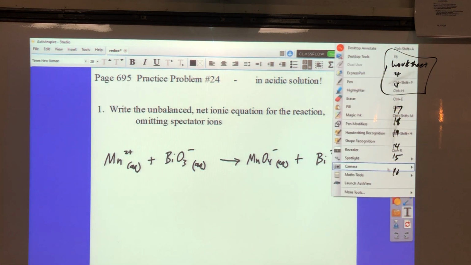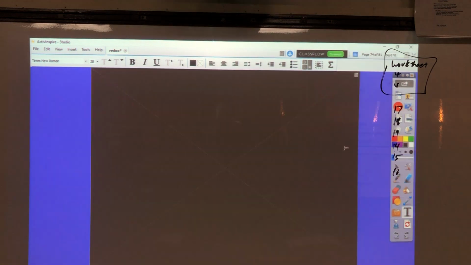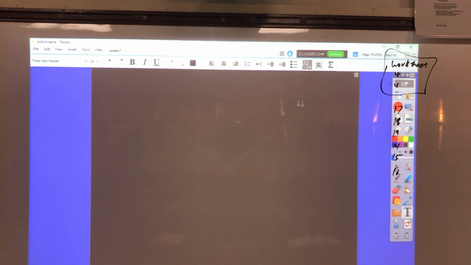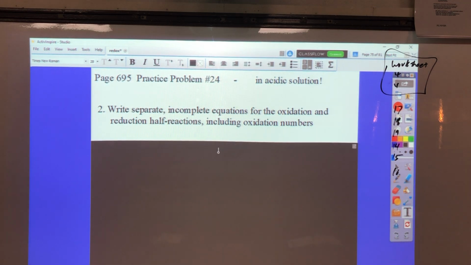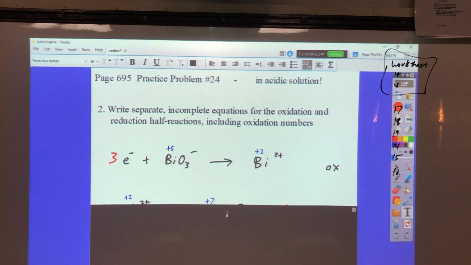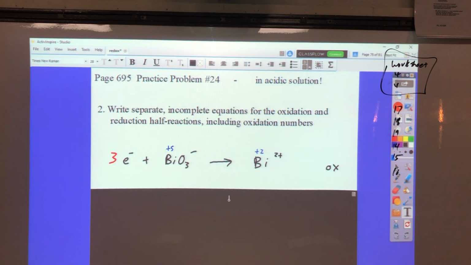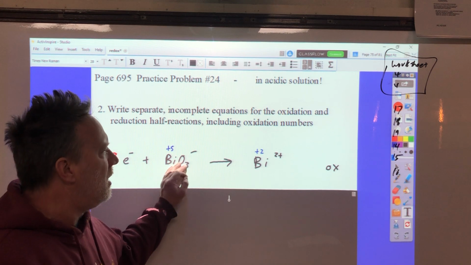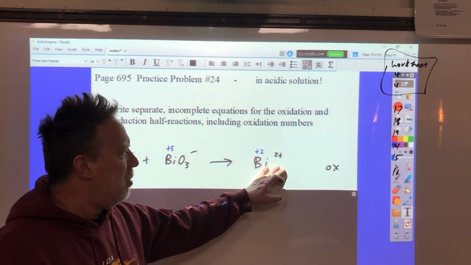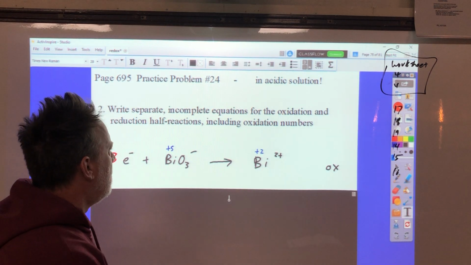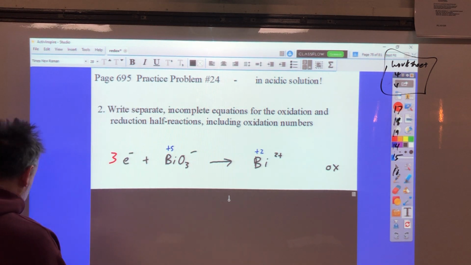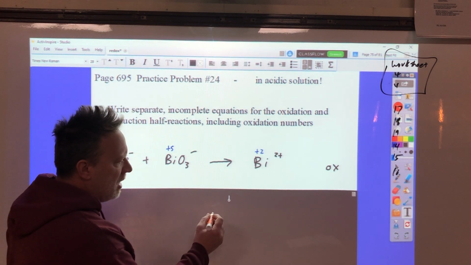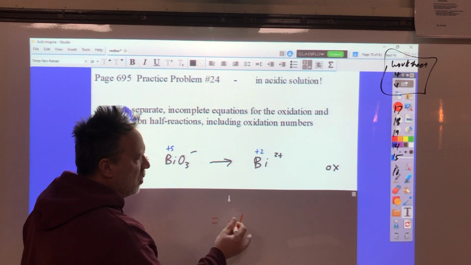So if you're following that table, second part, write separate incomplete equations for the oxidation and reduction half reactions, including oxidation numbers. So we've got the bismuthate ion changing to bismuth ion. We have to add the -1 on the bismuthate ion equals -1.